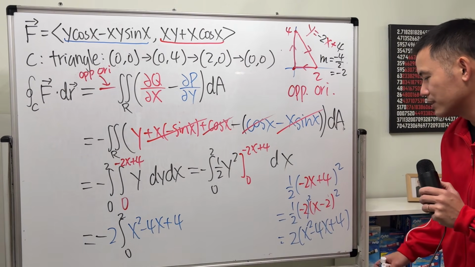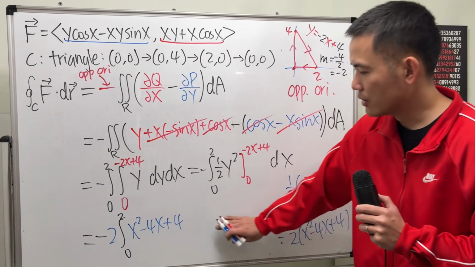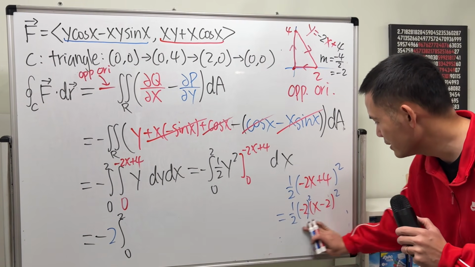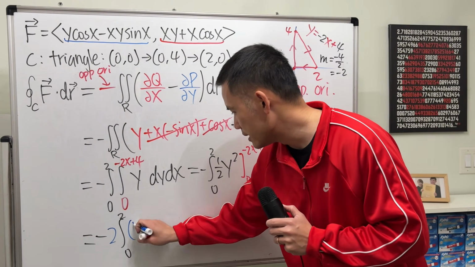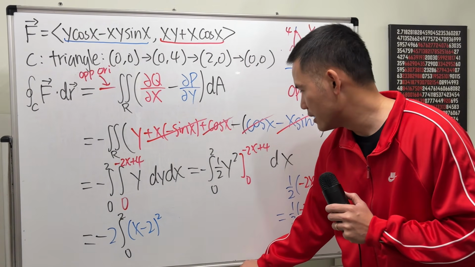In fact, I just noticed it will be easier if you just keep it like this in terms of the integration. So let's not do this. This right here is a 2, and on the inside, I'll keep it as x minus 2 squared, and then dx.